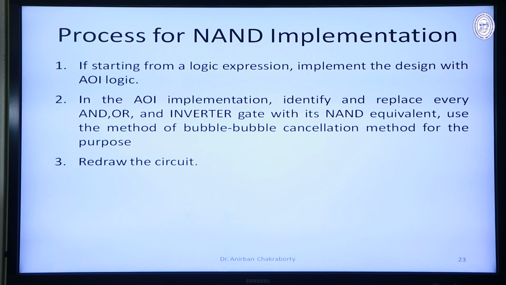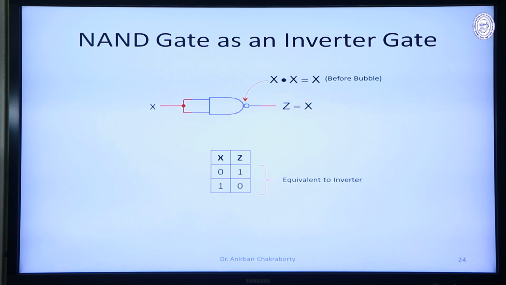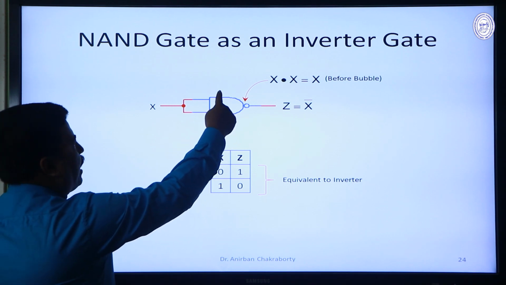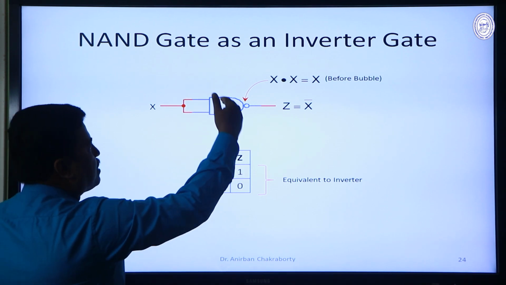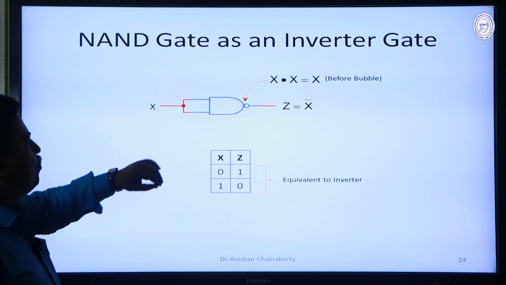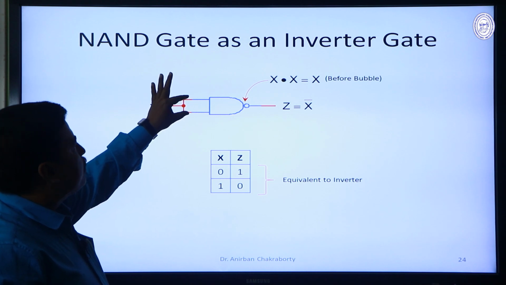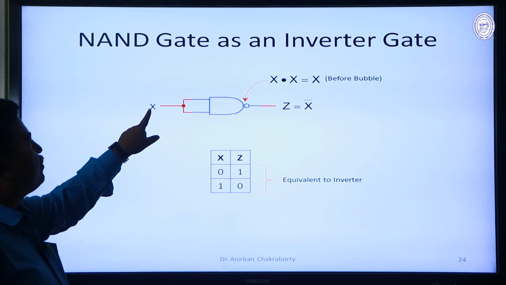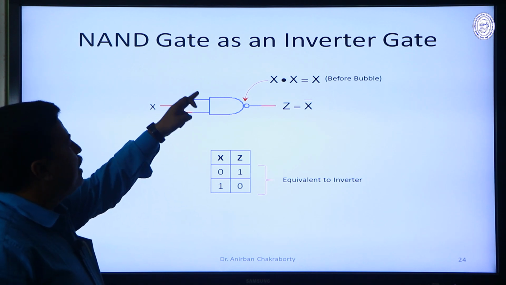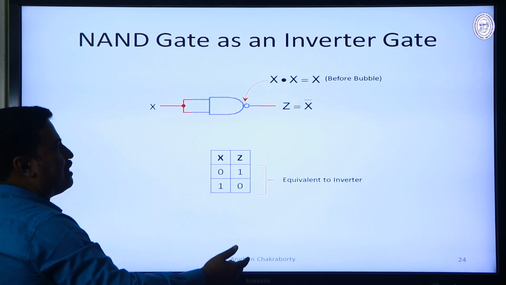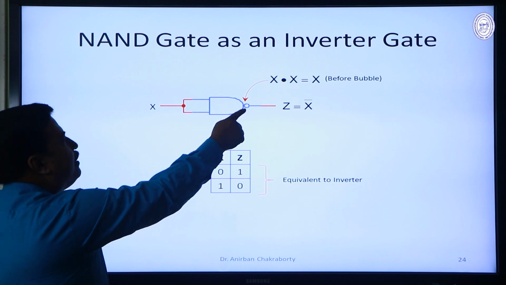Now I would represent the NOT gate using the NAND gate. Here is the NOT gate. NOT gate means if the input is X, then the output is X bar. So what we have done is that both inputs of a two input NAND gate have been joined together. So if you supply X, both are getting X. Now in the case of an AND gate, X dot X means X, means if both are 0, then the output is 0.